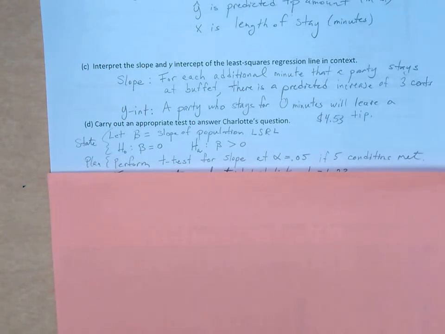The normal condition, you could satisfy by making a histogram of the residuals, or you can show the normal probability plot is linear. So we did that. So your residuals should follow an approximately normal distribution. Most of your residuals should be 0, right? Because that means they're on the line. But then some of them will be above and some of them will be below.